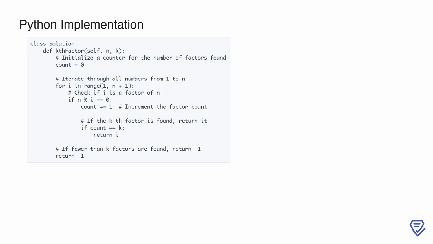If the loop completes without finding k factors, the function returns -1, indicating that there are fewer than k factors for the given n. This approach has a time complexity of O(n), because it examines all integers from 1 to n. While this is not the most optimized method, it is straightforward and satisfies the problem's requirements for small to moderate values of n. The edge case where k exceeds the total number of factors is handled gracefully by returning -1 after the loop concludes.